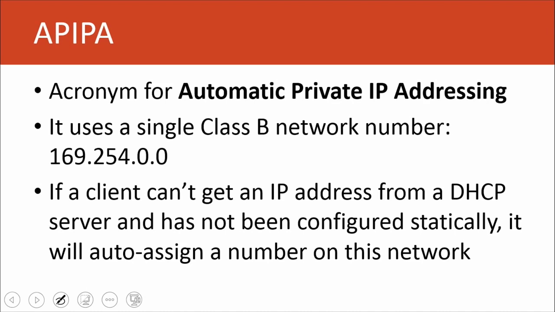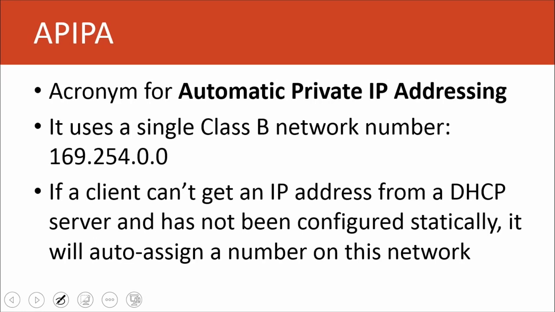There's another reserved network, right? It's in Class B. It's called Automatic Private IP Addressing, or APIPA. If a client can't get an IP address from something called a DHCP server, which is Dynamic Host Configuration Protocol server, and an IP address hasn't been configured statically, then it auto-assigns this number to itself on the network.